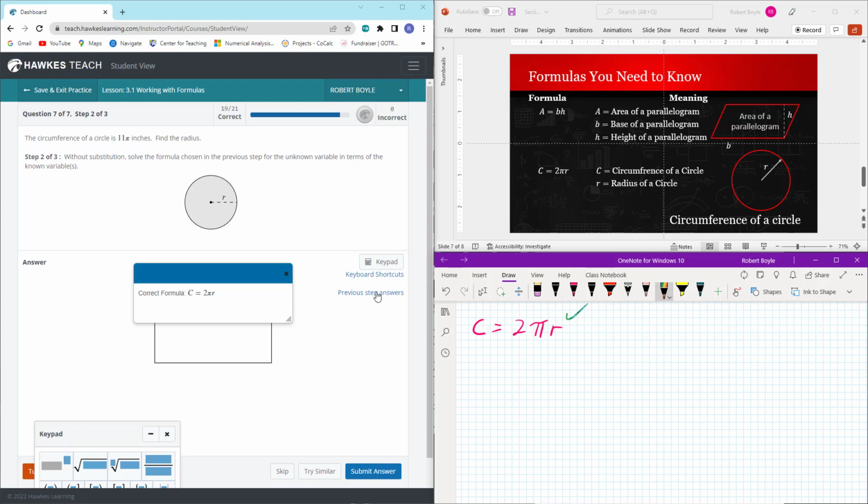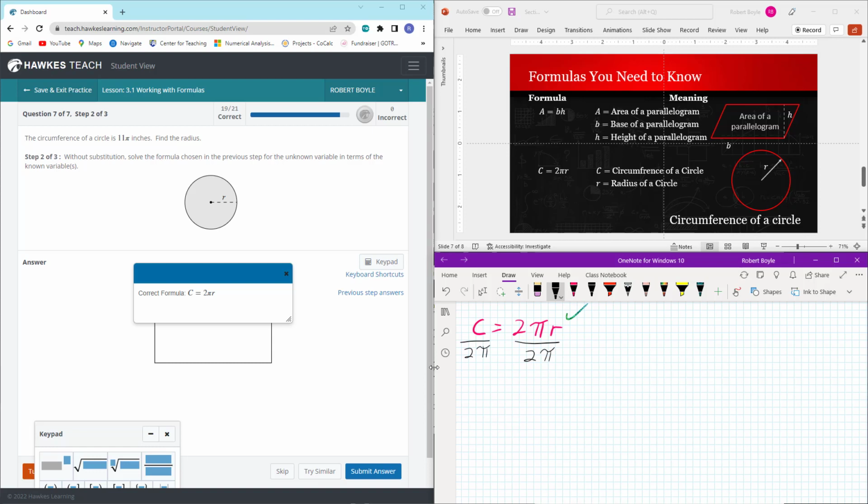So we want to rewrite this equation so that r is on one side and all the other crud is on the other side. And notice that r is being multiplied by a coefficient. That coefficient we can call 2 pi. Now you might say, well, it's two coefficients. Well, that's true, but you can still treat the combination as one large coefficient. So what we want to do is divide this side by 2 pi. And remember, whatever you do on one side of the equation, you got to do on the other side of the equation. So we're going to divide this side by 2 pi.